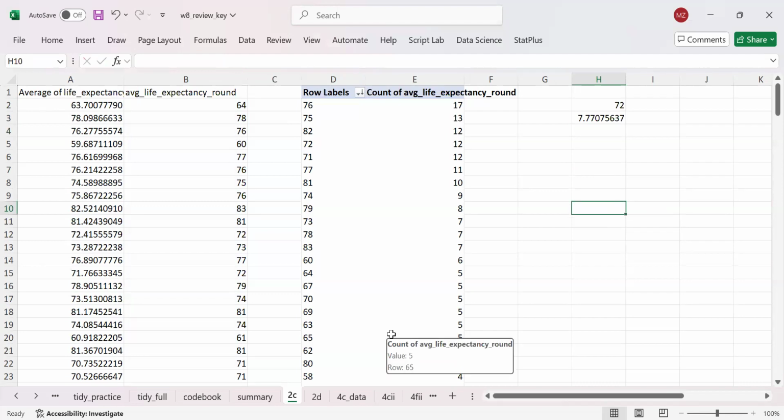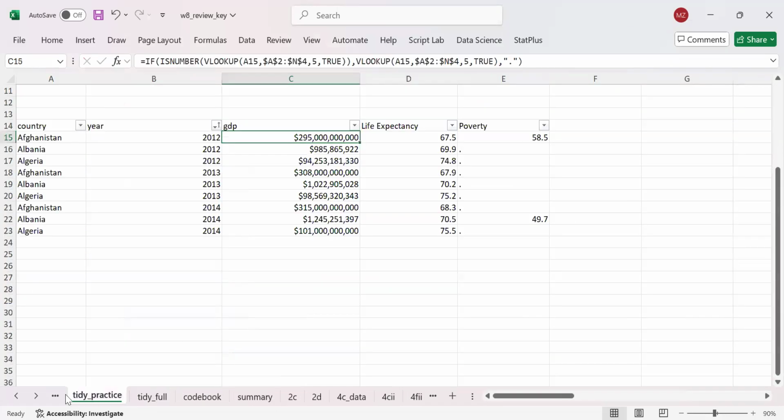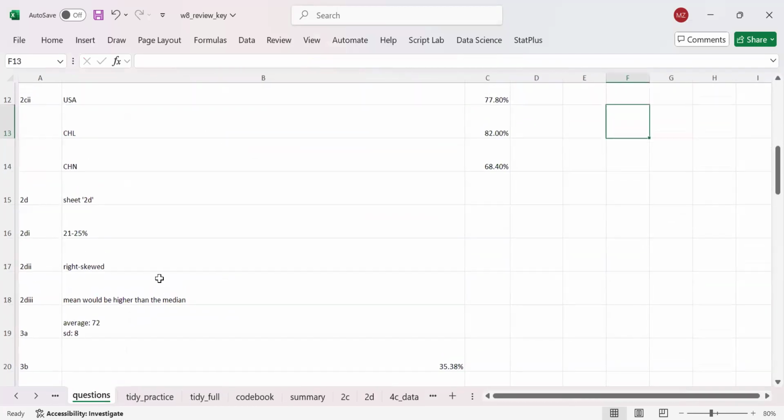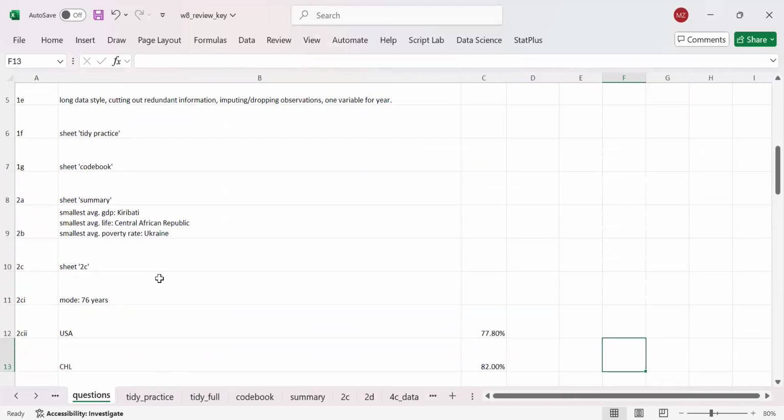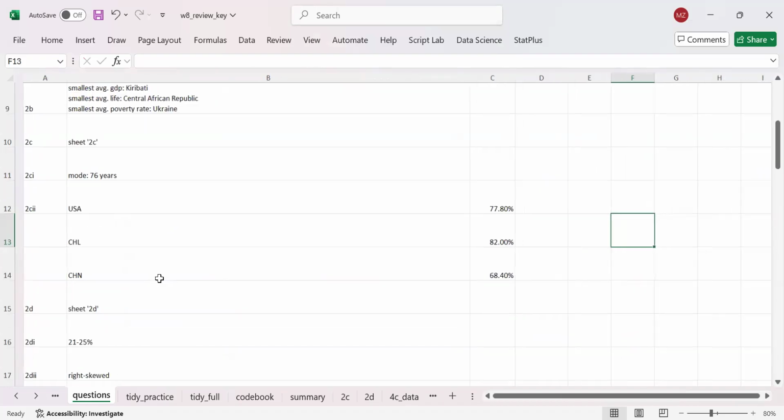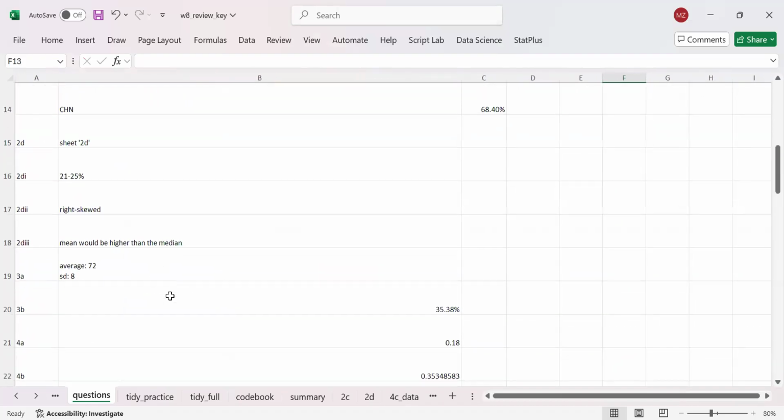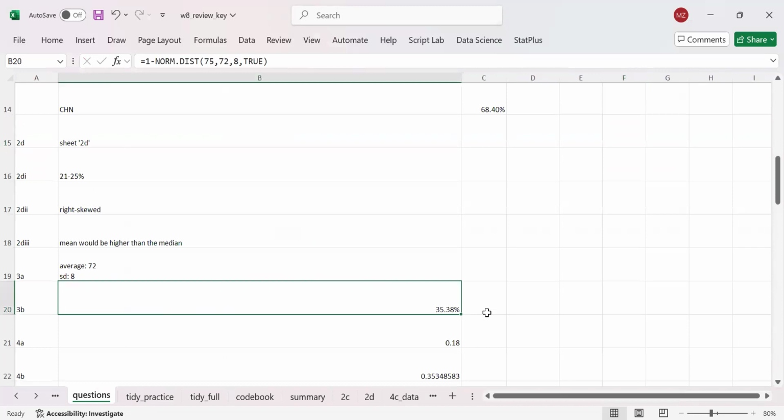if we randomly select a country from the list, what is the probability of selecting a country with an average life expectancy for the last 10 years which is greater than 75 years, right? So we can use the formula for this.